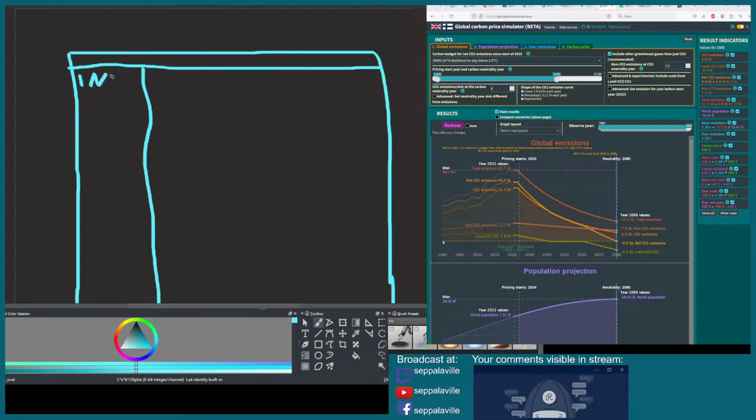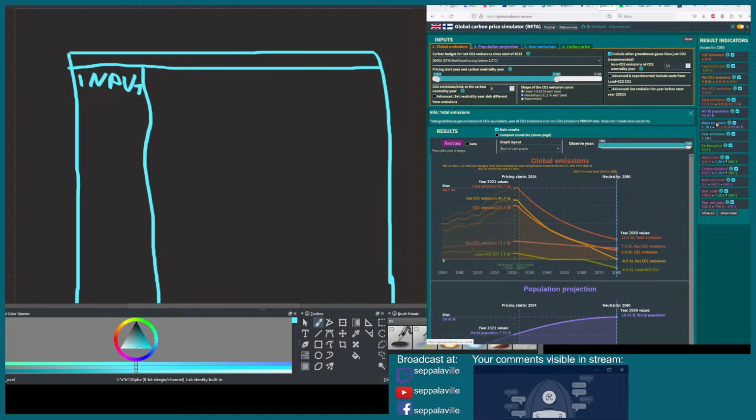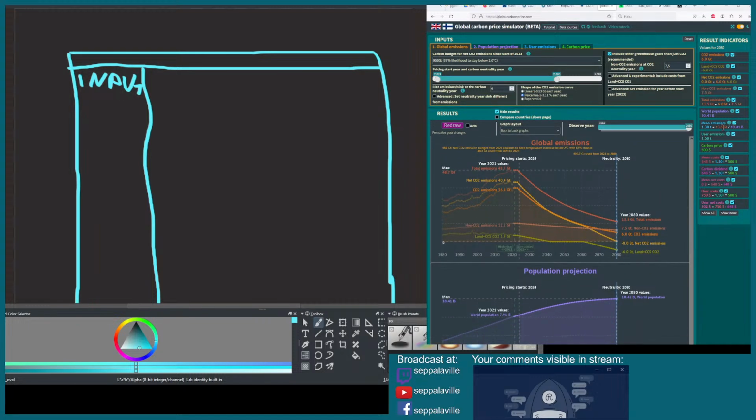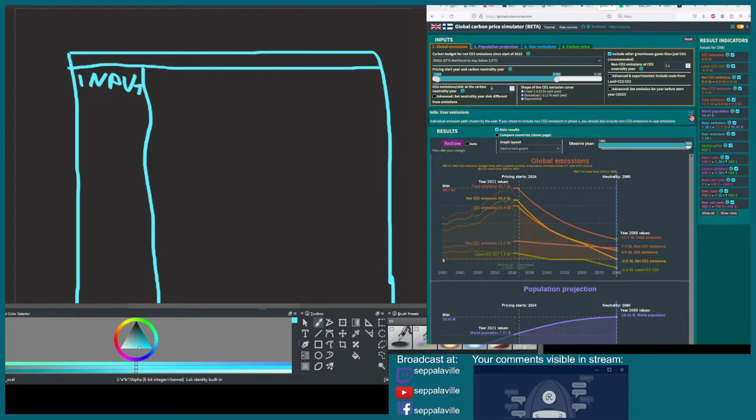Let's see. Input, and then we have, now I'm not sure, we have here on the right hand side of the web page these, which are used to show what's the value for each of these variables.